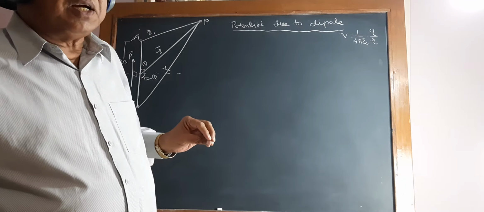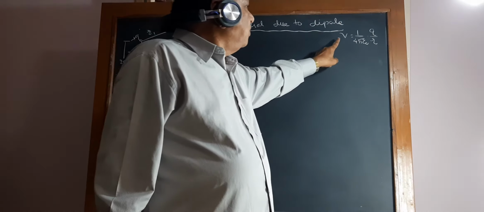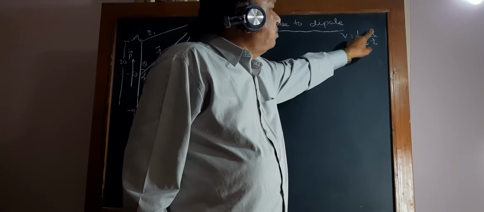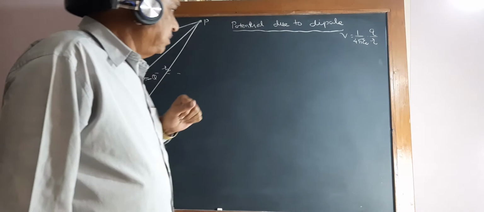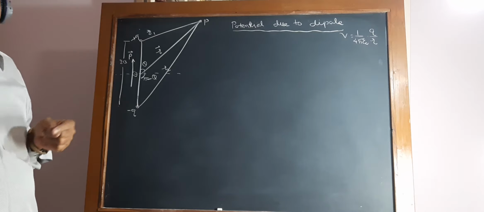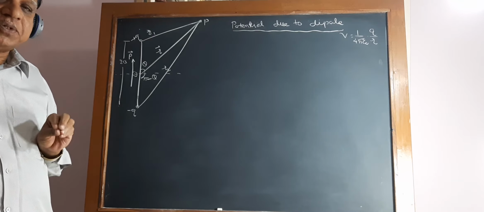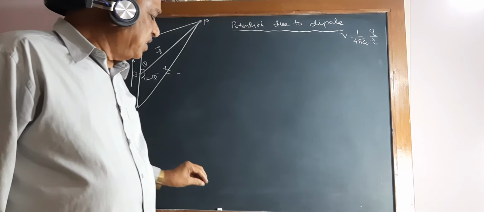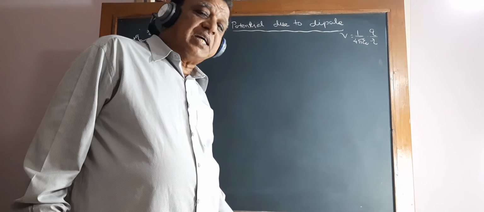potential due to a single point charge, V equal to 1 upon 4 pi epsilon 0 Q by R. Means V is proportional to Q and inversely proportional to R. That is the potential due to a single point charge.